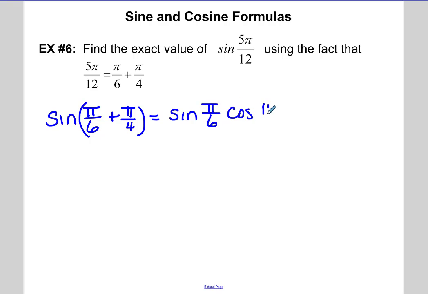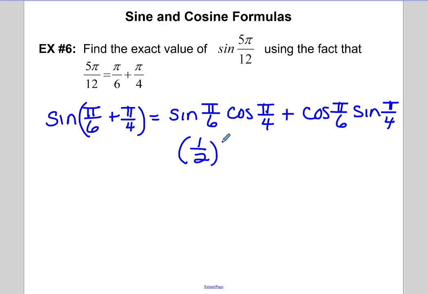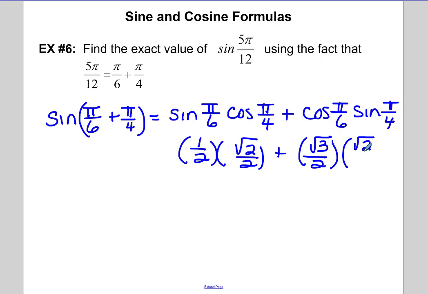Sine, cosine, keep plus, cosine, sine, and evaluating each term. That's 1/2. This is square root of 2 over 2. This is radical 3 over 2. And then sine at pi over 4 is radical 2 over 2.